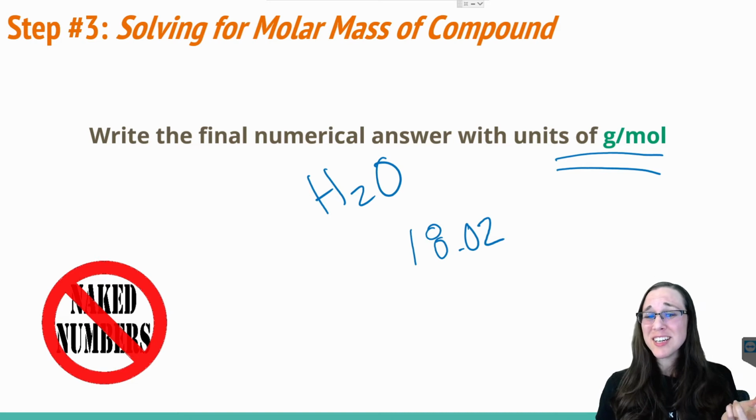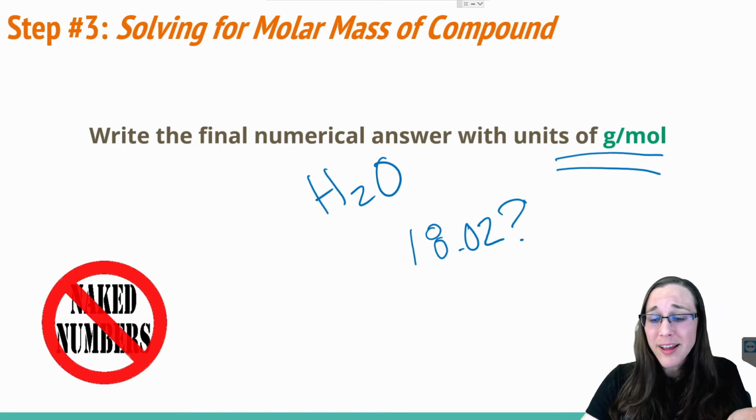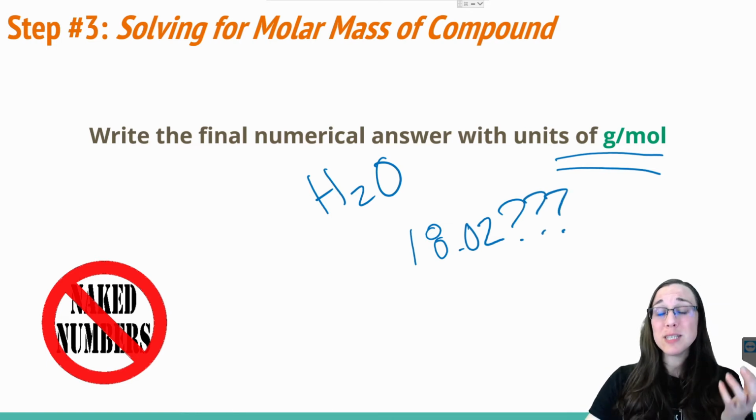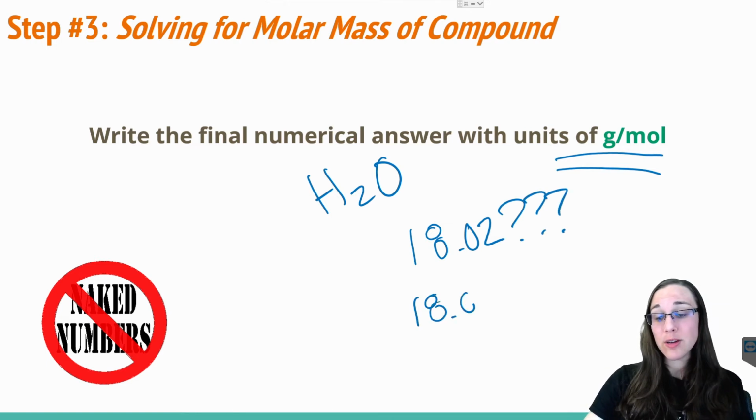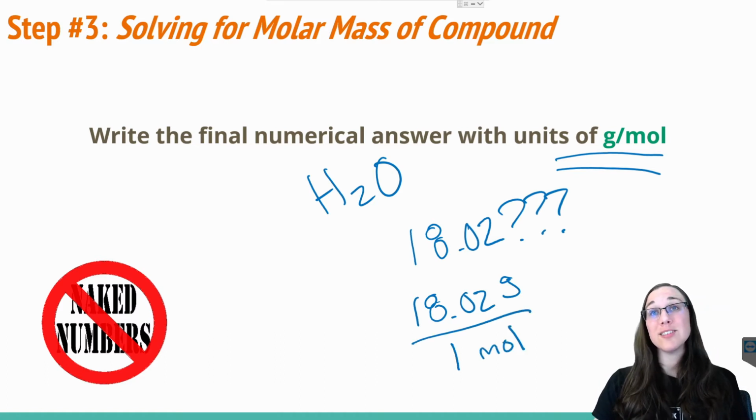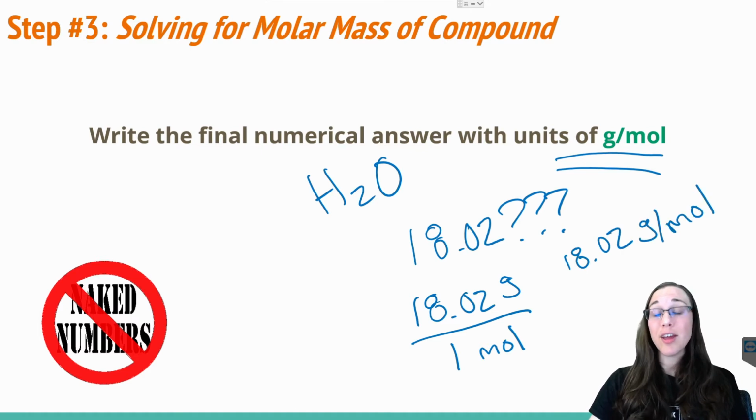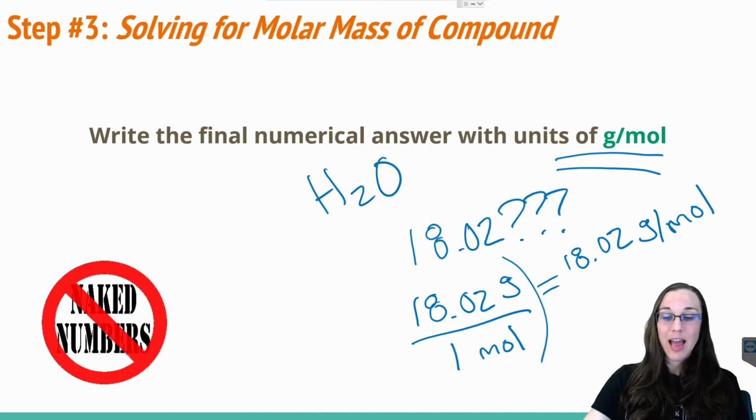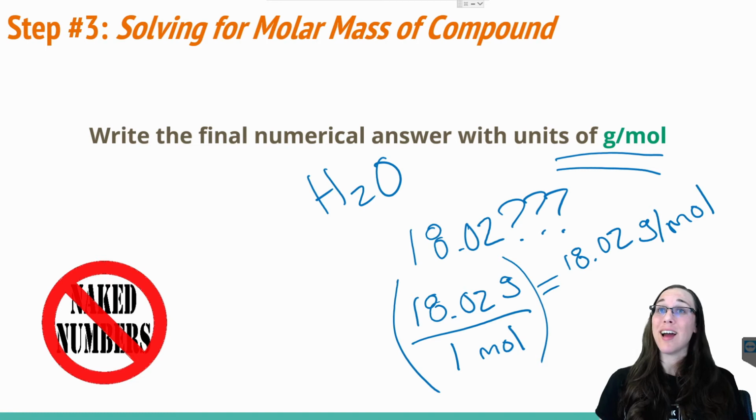No, we're not talking about 18.02 what. We have to specify with our units, grams per mole. This is also written as 18.02 g/mol. Either way is correct. They are equivalent. However, if you get in the habit of writing it this way, it'll make it a lot easier for you in terms of dimensional analysis later.